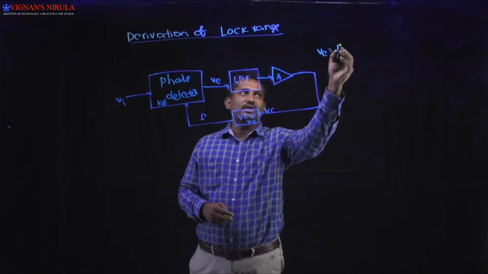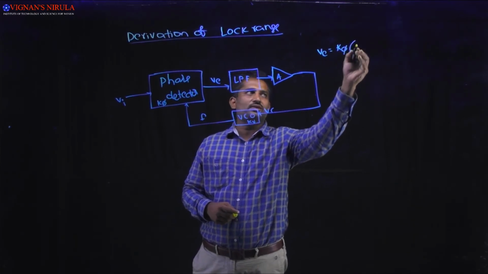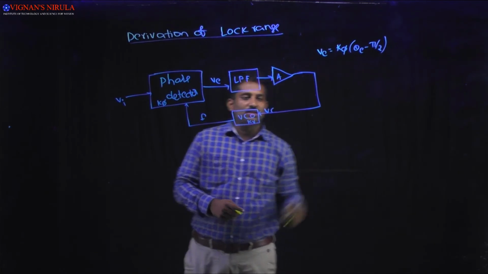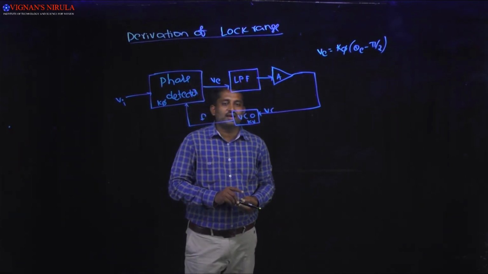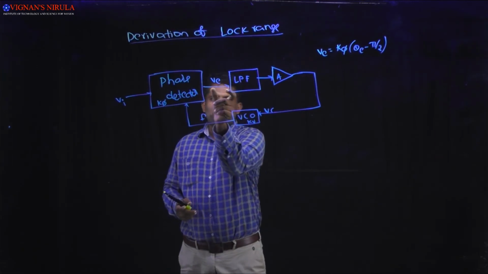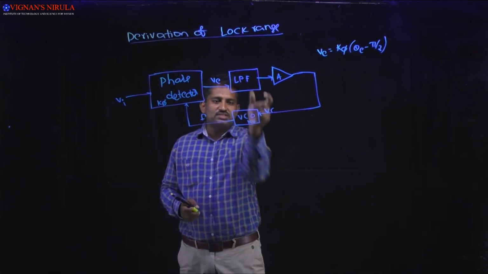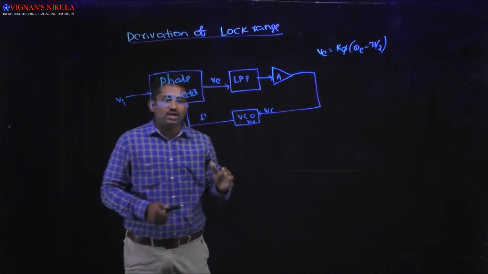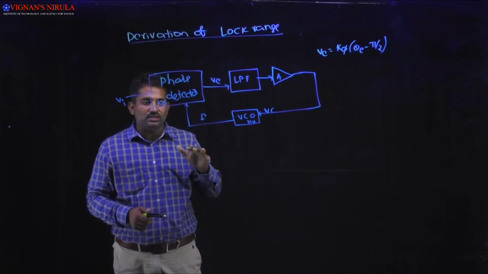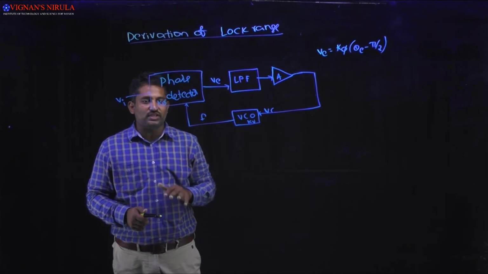VE will be taken as K phi into theta E minus pi by 2, where theta E is nothing but the phase error. Now this phase detector output will pass through the low pass filter, which removes the high frequency component present in the output of the phase detector.